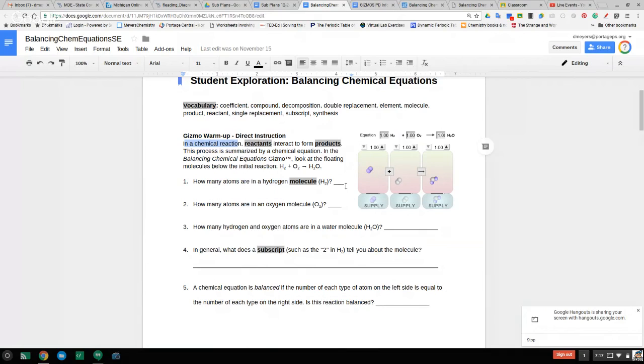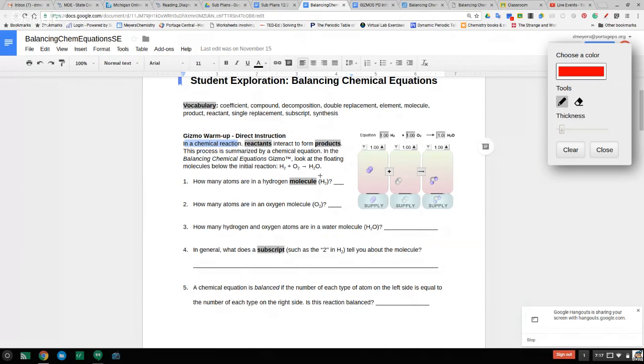And you should hopefully see that there are two there. Okay. And then we ask how many atoms are in an oxygen molecule. Well, one oxygen molecule has a subscript of 2 there, so there are 2 oxygen atoms present. And then it asks how many hydrogen and oxygen atoms are in a water molecule.